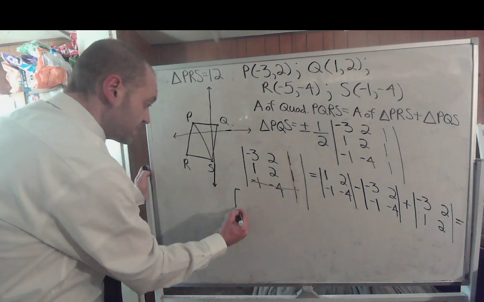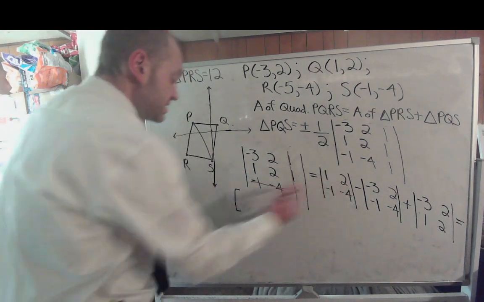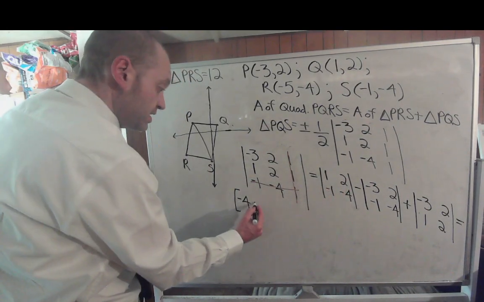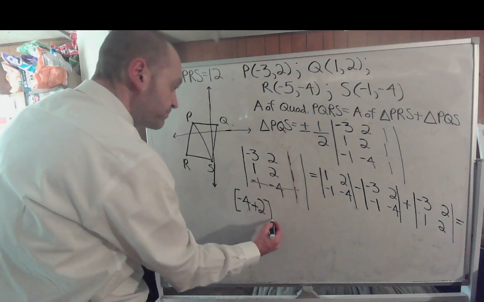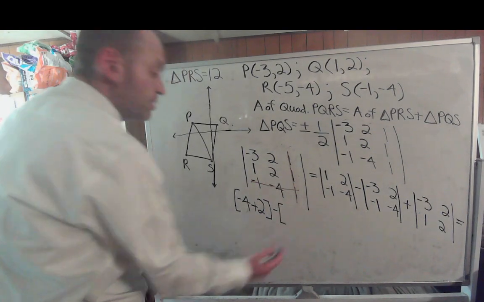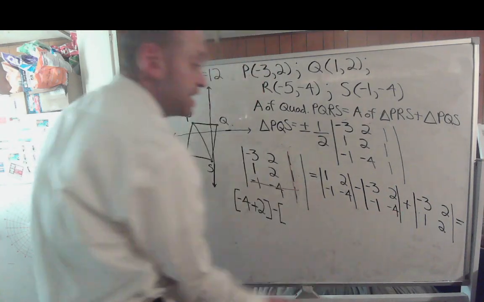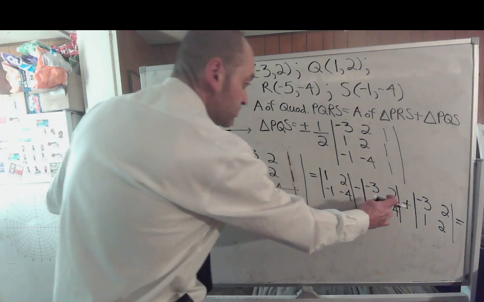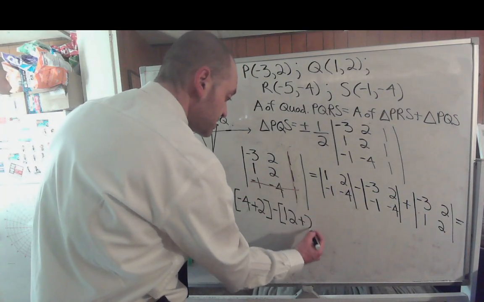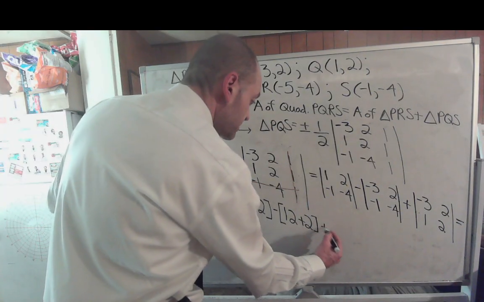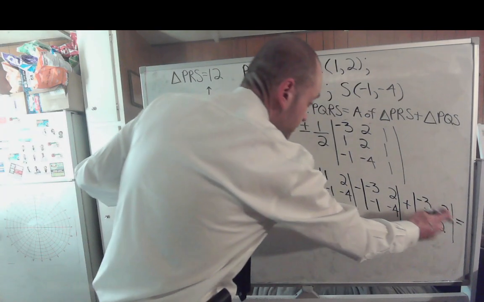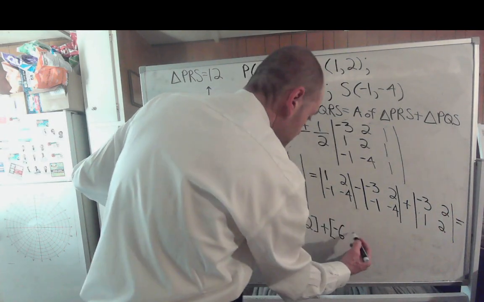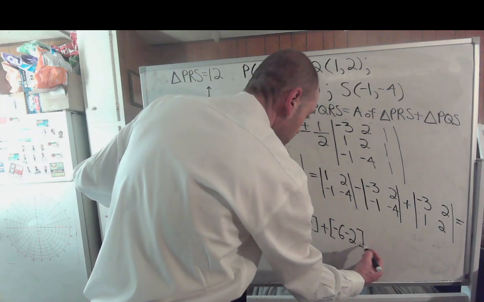Let's simplify this. So 1 times -4 is -4, minus 2 times -1, that's +2, minus your next determinant: -3 times -4 is actually +12, minus 2 times -1, so +2, plus the last determinant: -3 times 2 is -6, minus 2 times 1, that's another -2.